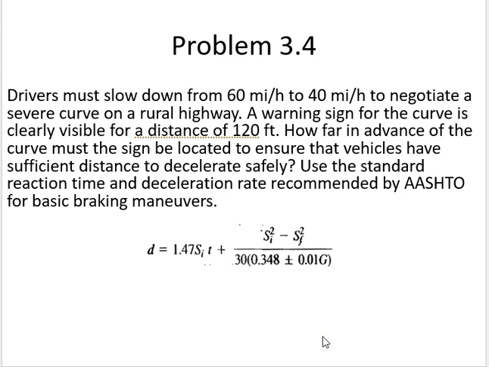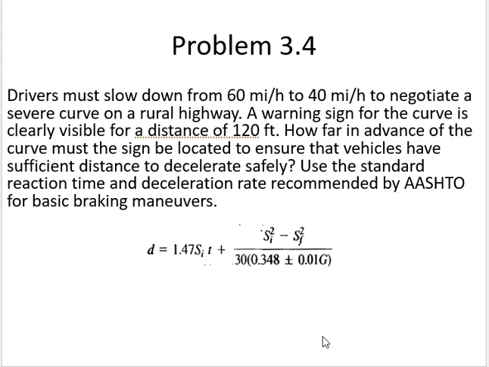They found that a standard warning sign is visible to the driver from a distance of 120 feet. They want to know where they should put the sign on the road.